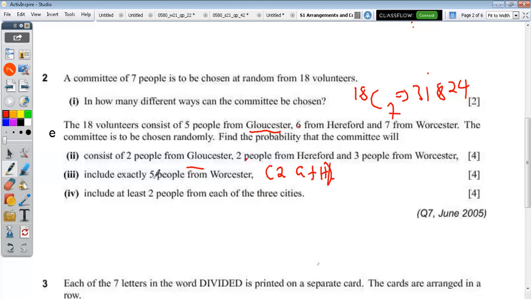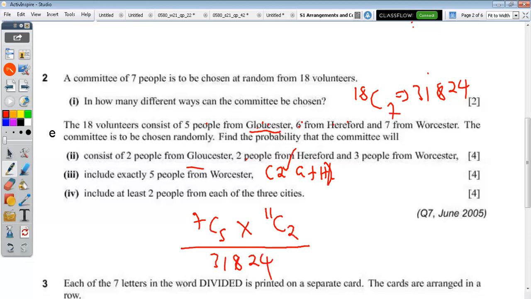Yes, sir. So it means from Worcester, 7 choose 5. Multiply by, now if we add these 2 towns here, how many people do we have? That's 5 and 6, which is 11, sir. So from 11, we are choosing what? 2. Divided by the total possible.